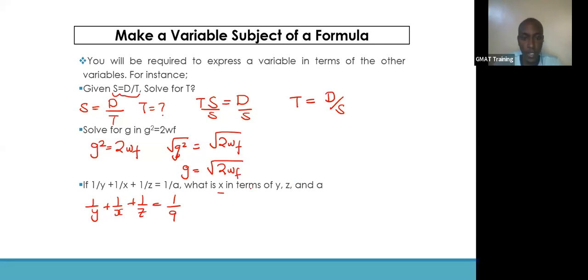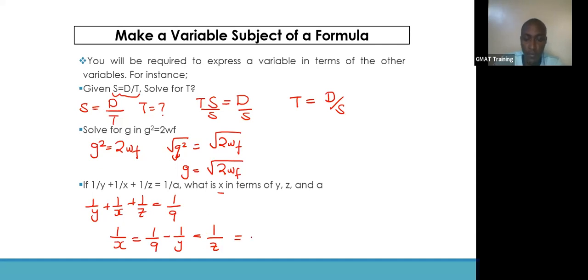So let's make x the subject of the formula in this case, and we'll take the variables y and z together on the right-hand side. So we can have 1 over x equals 1 over a minus 1 over y minus 1 over z. We can have that, but x is in the denominator, so we have to find the reciprocal.